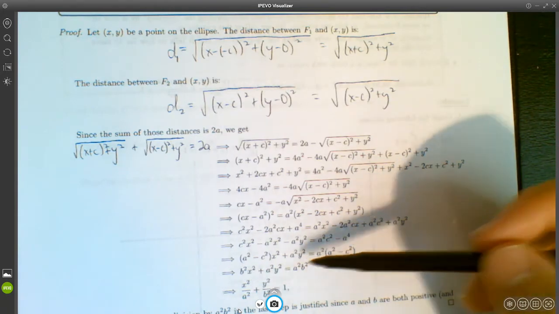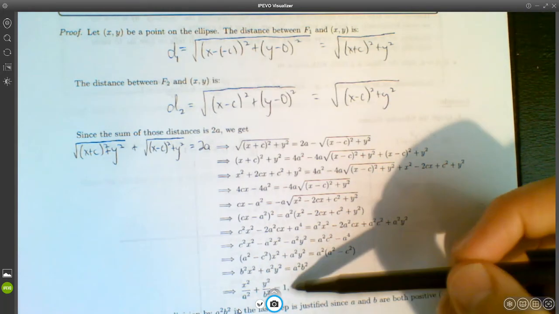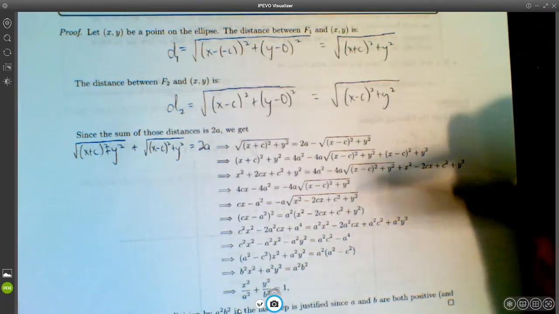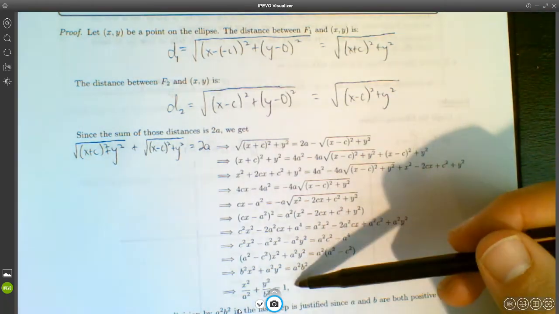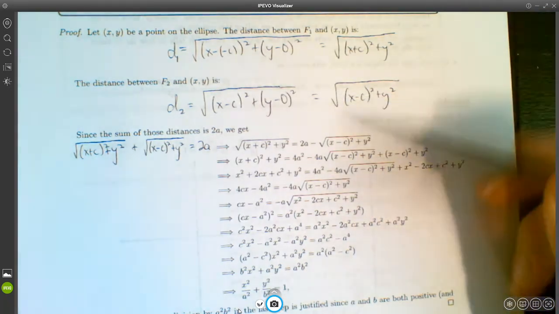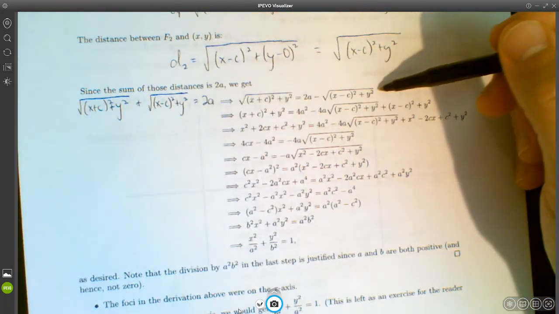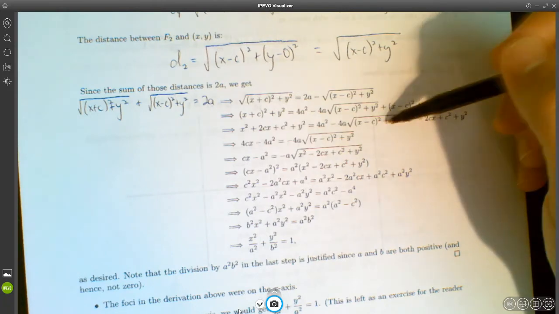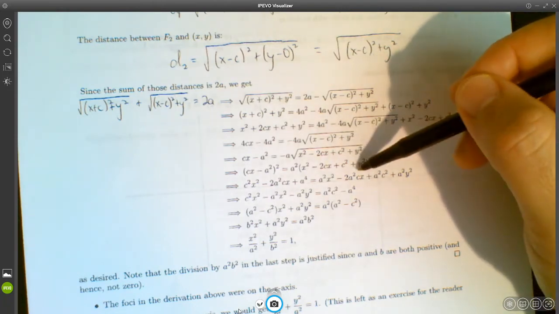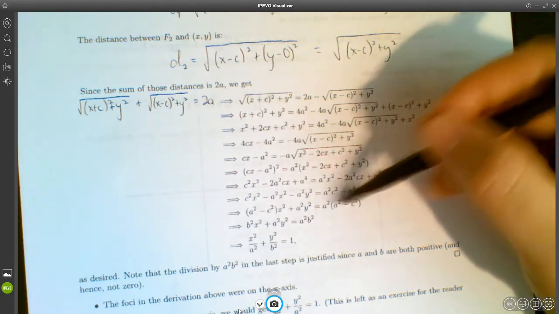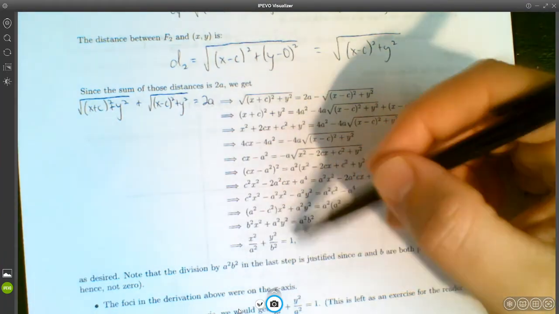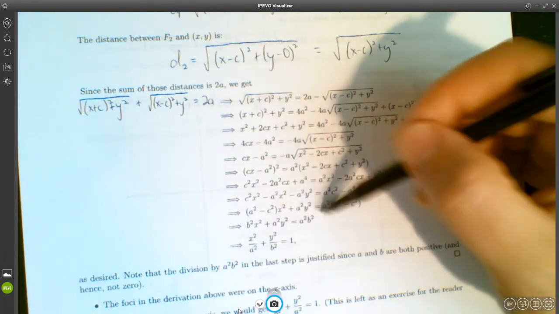And then divide through by a squared b squared, and we get the desired result. So I'm not going to take you through this line by line, but you should be able to read through it and follow along with what's happening. We're squaring both sides, isolating the radical, squaring both sides again, simplifying, regrouping, and then dividing through by a squared times b squared.